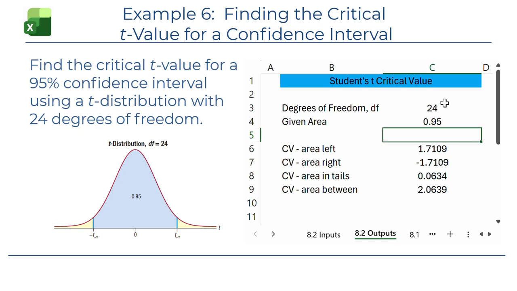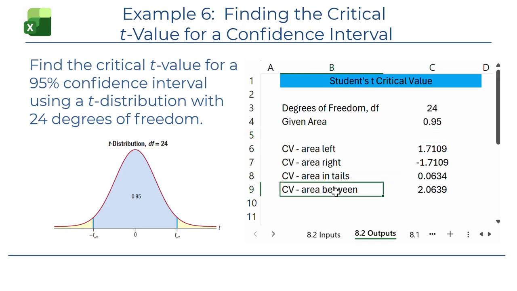That tells me that the area in between is 0.95. So the critical value that I'm going to use is 2.0639. Again, the negative t would be negative 2.0639, but when we're doing a confidence interval, we're always going to use that positive value so that it doesn't mess up the order of our interval.